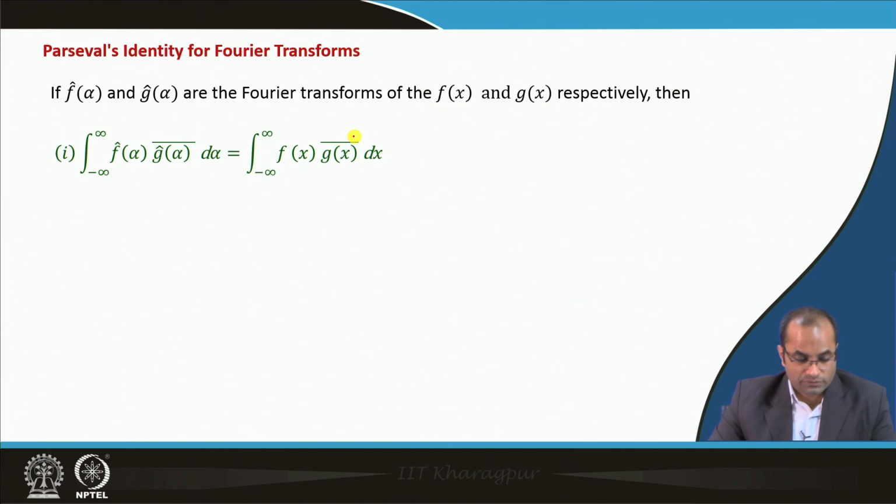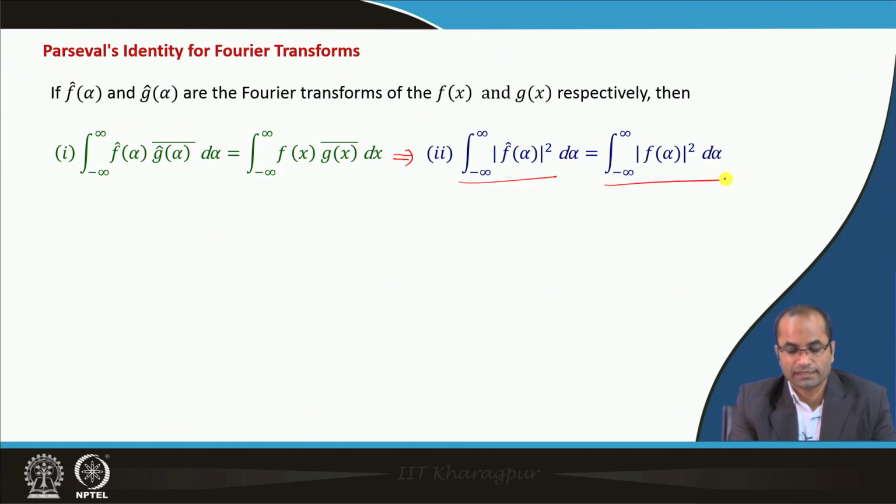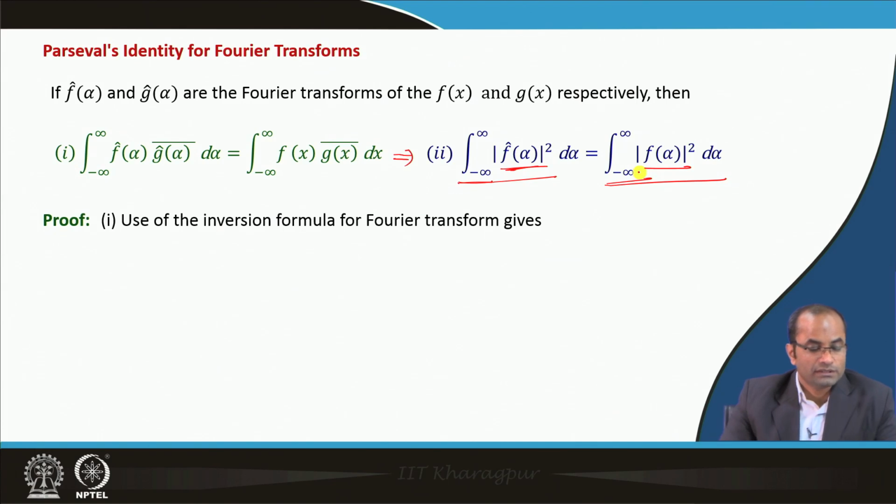That is Parseval's identity for the Fourier transform, and as a special case we can also write it as the integral of the absolute value squared of f hat equal to the integral of the absolute value squared of f, both from minus infinity to plus infinity.